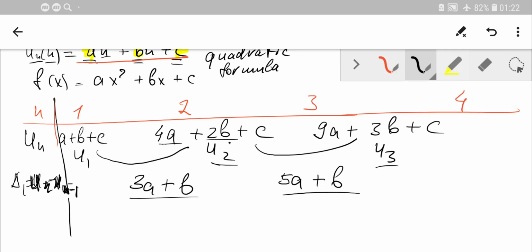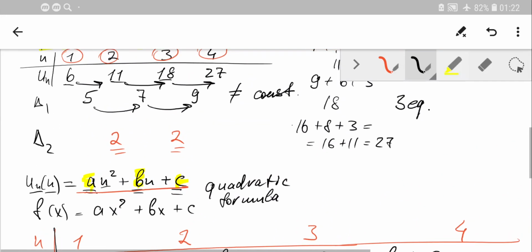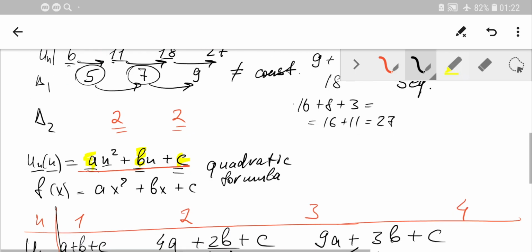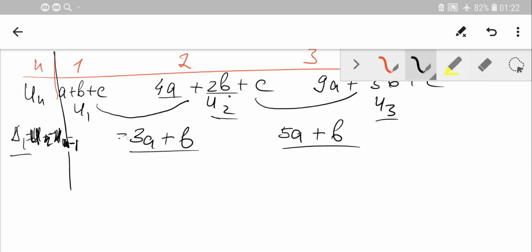You know that for the first difference, we have specific values: 5, as the difference between the second and first term, and 7 here. So we can write that this is 5 and this is 7. As you notice, we again arrived at 2 equations.